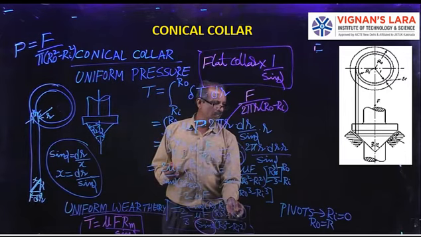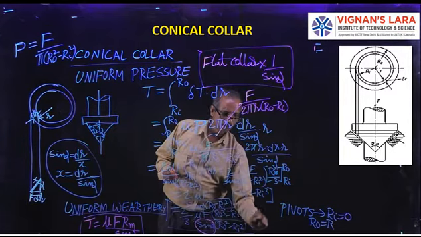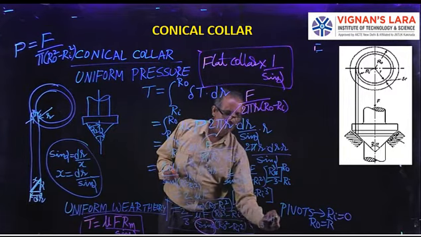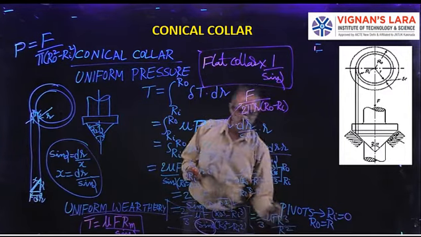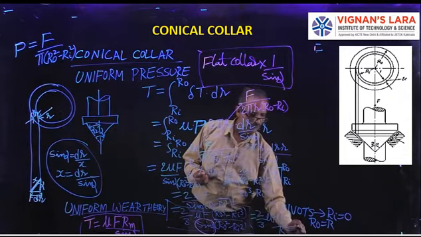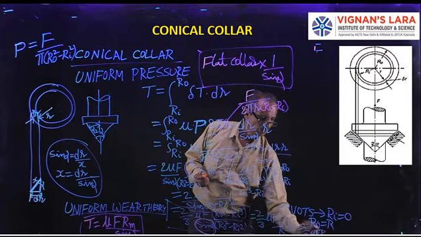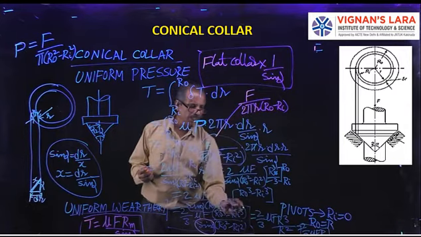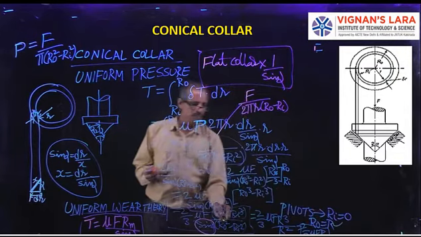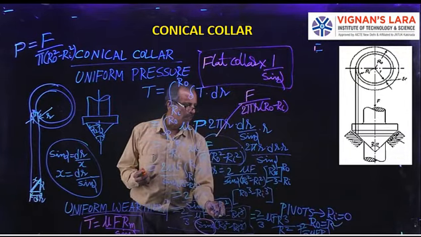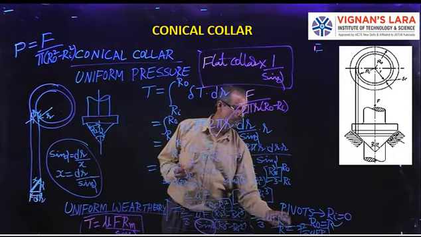If I put Ri as 0 and R naught as R, it becomes 2/3 mu F times R cube by R square, which is 2/3 mu F R. Since R naught is R, R cube by R square gives R, so it becomes 2/3 mu F R.